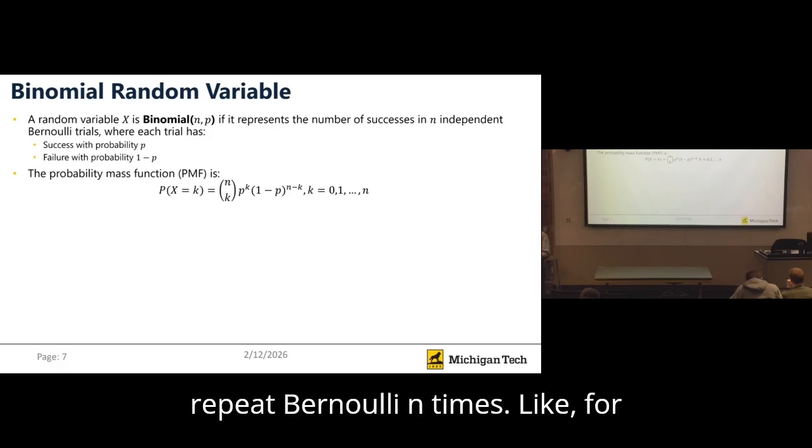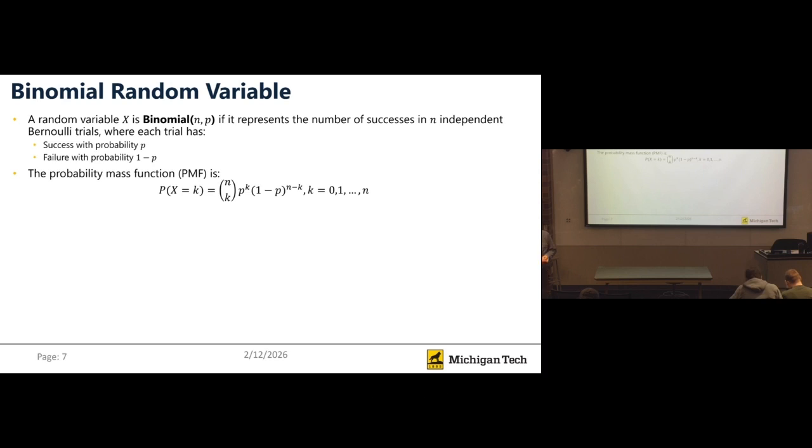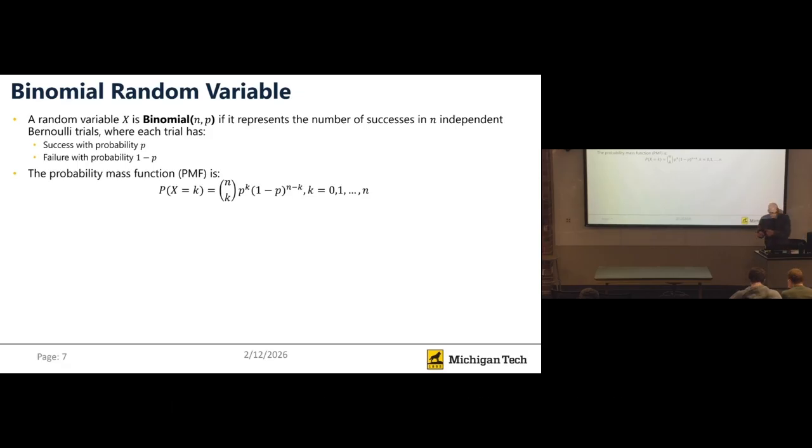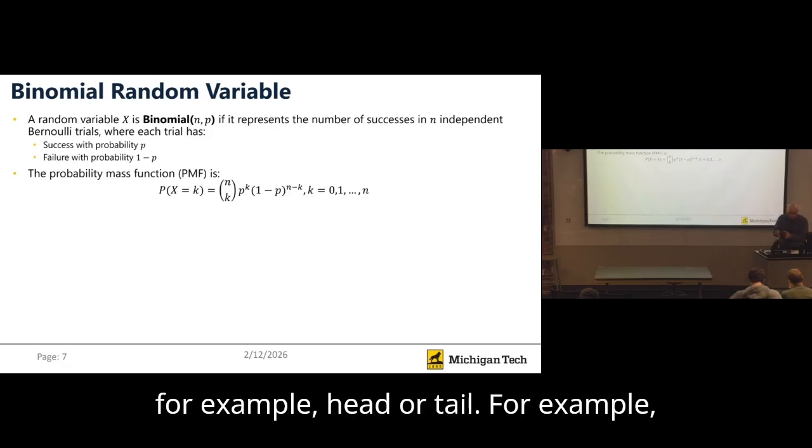For example, you have a coin, and you drop the coin multiple times. Every time it can be head or tail.